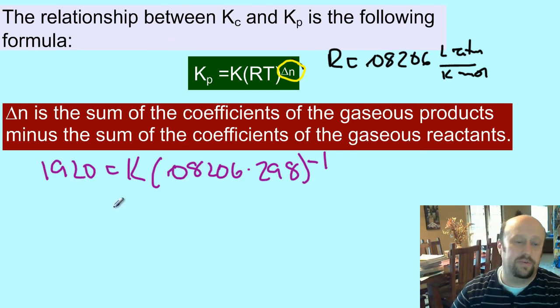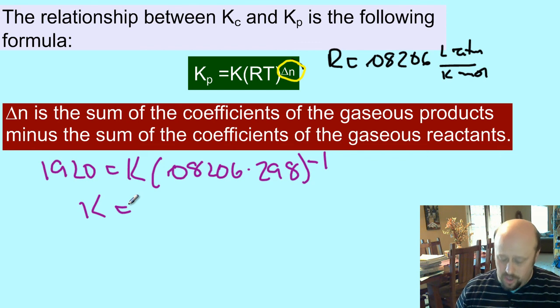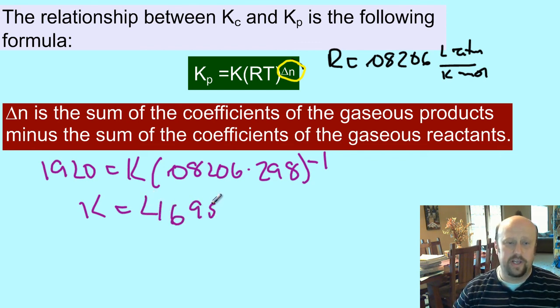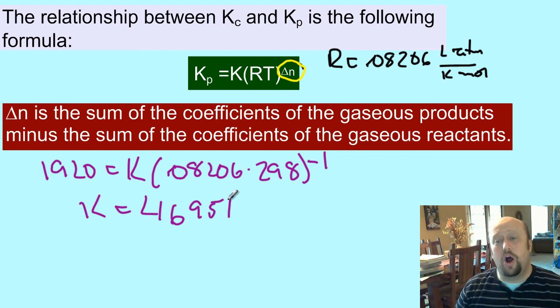And then, of course, we just have to work out some algebra, which we're all good at this point. And so that gives us a K value of 46,951. And so what that means is that if we knew our partial pressures, then we could calculate the concentration K value as well.